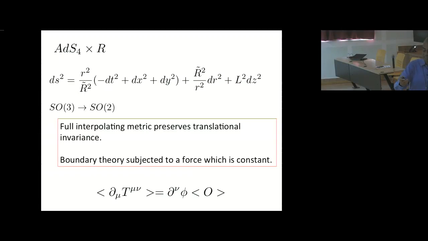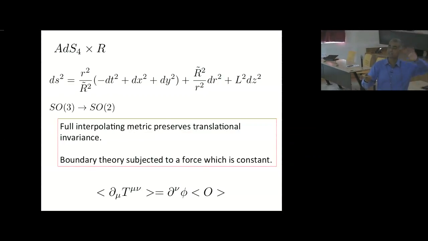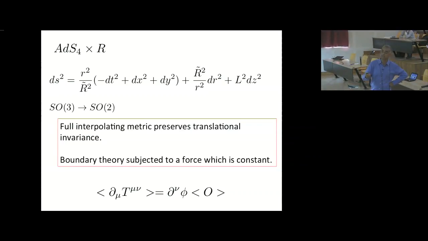Now you can see that this breaks the spatial rotational symmetry down from SO(3) in AdS5, or in the boundary theory to begin with, to SO(2), which has to do with the fact that you're driving the system with the scalar field, okay? Also, the scalar field, of course, breaks translational invariance also, but really you should think of it as the field theory being driven by a force which is proportional to the gradient of the dilaton.